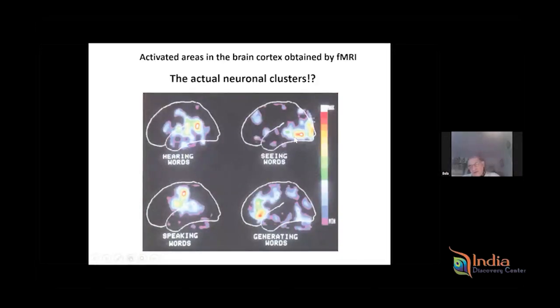In this image, seeing the word, different cortical areas are active, mostly the occipital visual cortex, and very, very faint or no activation in the primary auditory cortex.